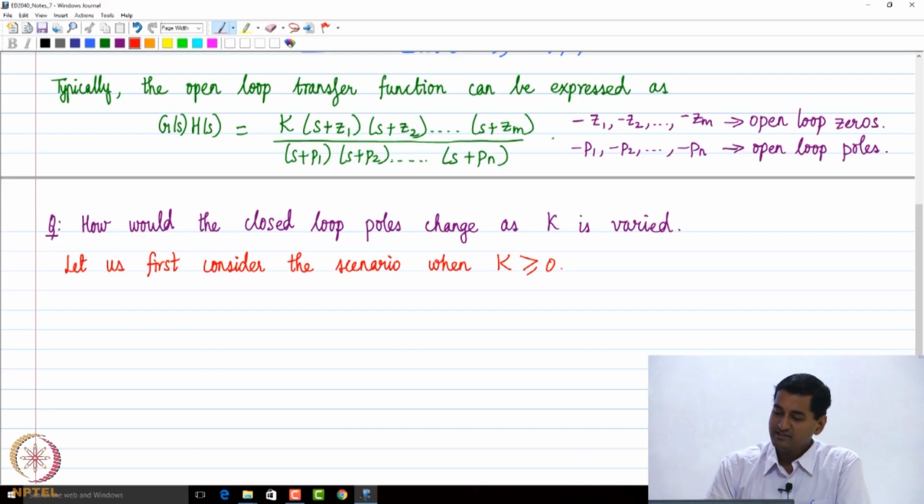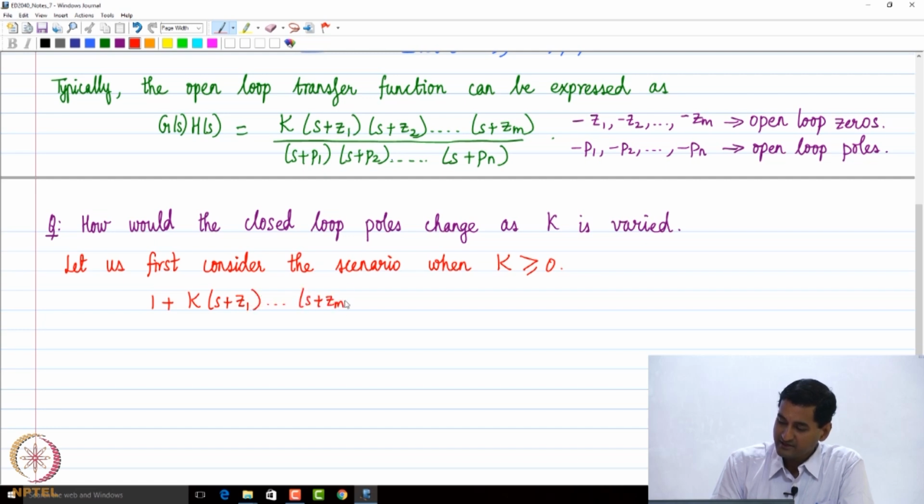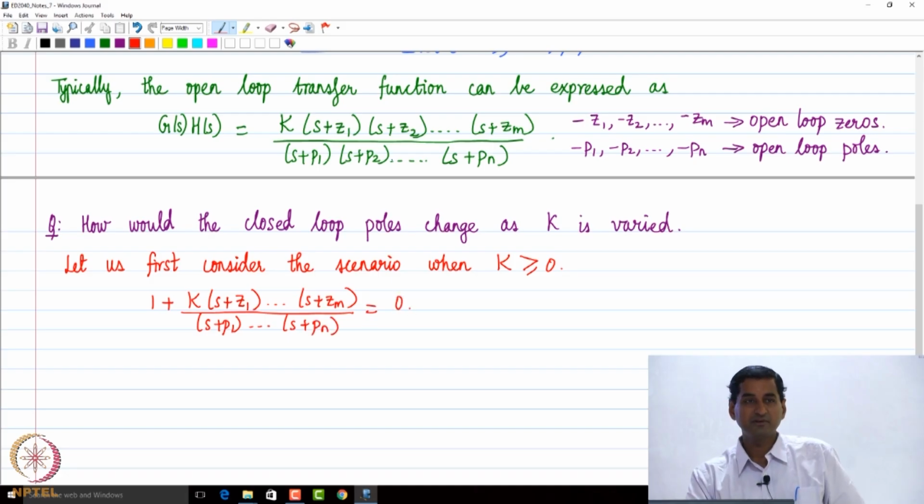So essentially we can immediately see that the closed loop characteristic equation is going to be in this form, right? So, 1 + K (s + z1) till (s + zm) divided by (s + p1) all the way till (s + pn) is equal to 0. Okay, so that is what we are going to have.